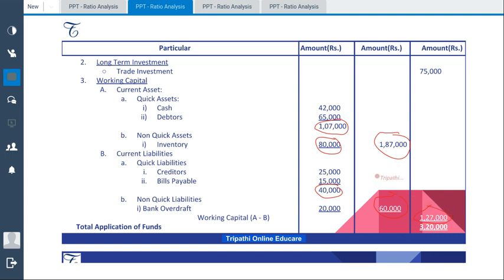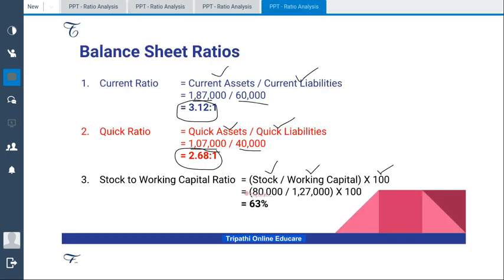So the formula is stock upon working capital into 100. So it will be 80,000 upon 1,27,000 into 100. So that will give you 63%. So our stock to working capital ratio is 63%.